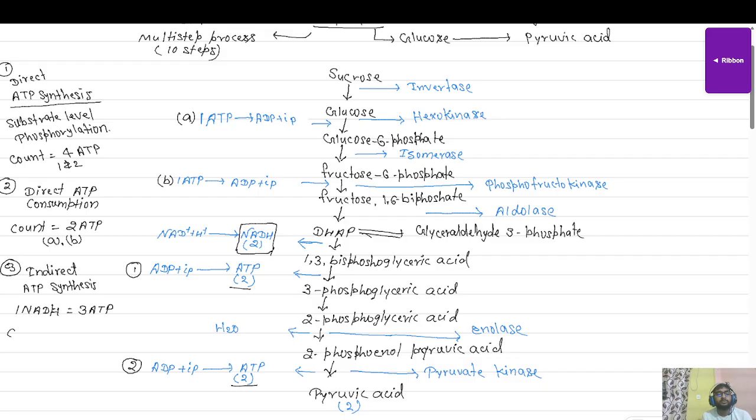So the total count of indirect ATP would be 6 ATP, as 2 NADH have been formed, and that is given the name step 3. Just mark it like step 3. In step 3 we have synthesized 2 NADH, that is 6 ATP indirectly.